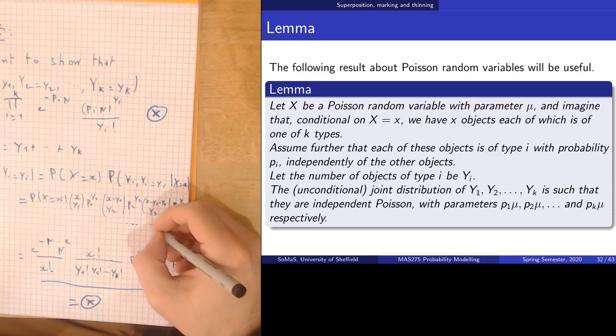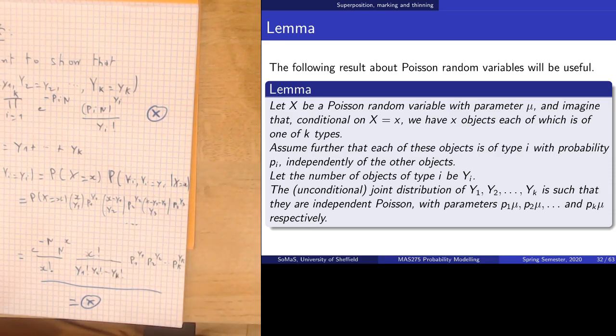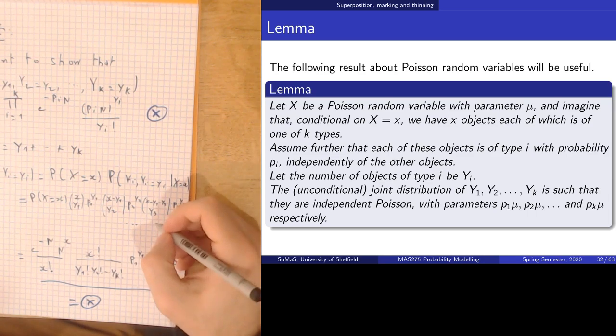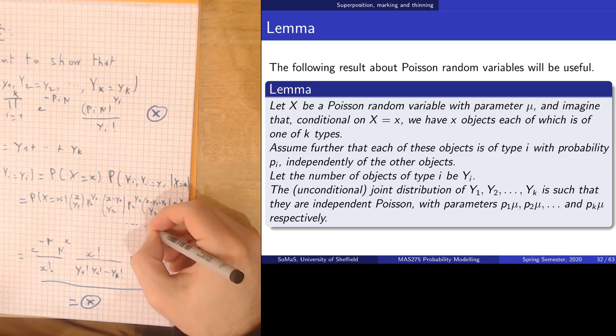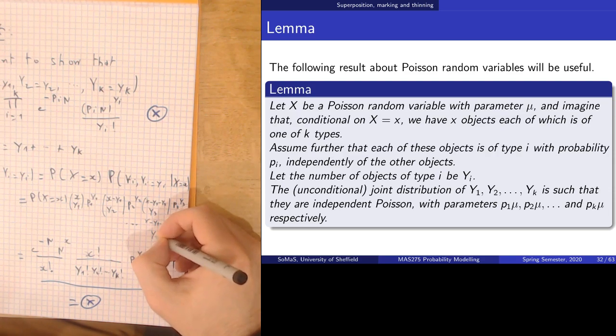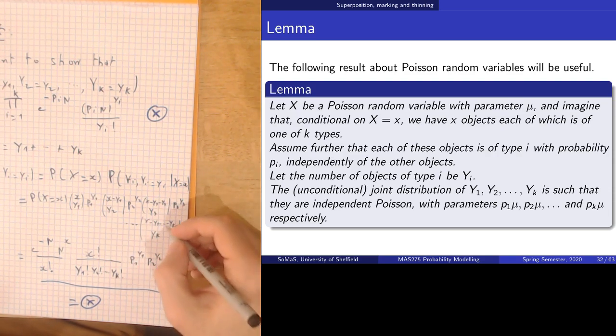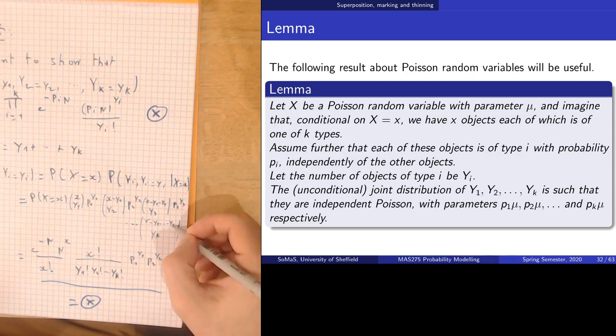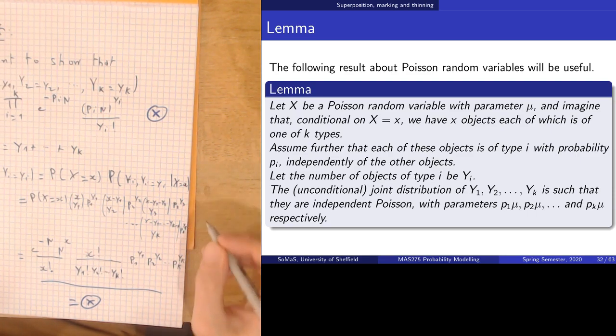And the last term will be, interestingly enough, just 1, but I'll write it anyway: x minus y1 minus dot dot dot minus y(k-1), choose yk. This is actually 1 because the sum of those is yk, times pk to the yk.